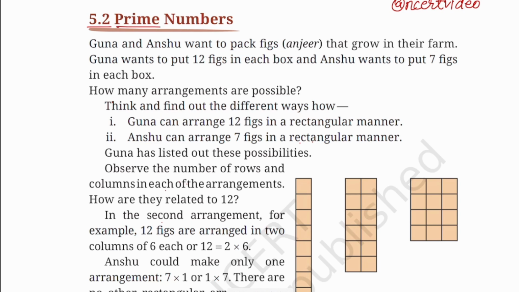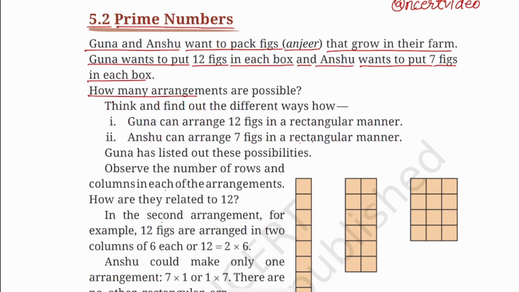5.2 Prime Numbers. Guna and Ansu want to pack figs, anjeer, that grow in their farm. Guna wants to put 12 figs in each box and Ansu wants to put 7 figs in each box.